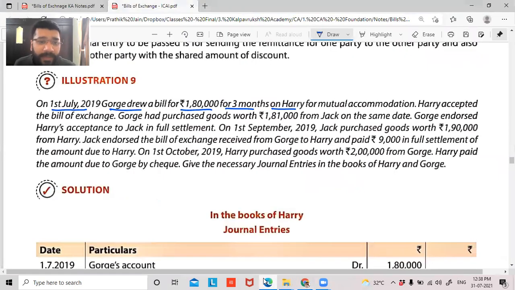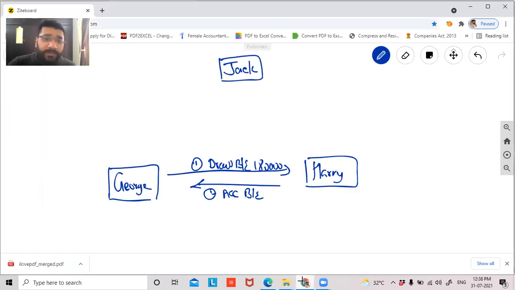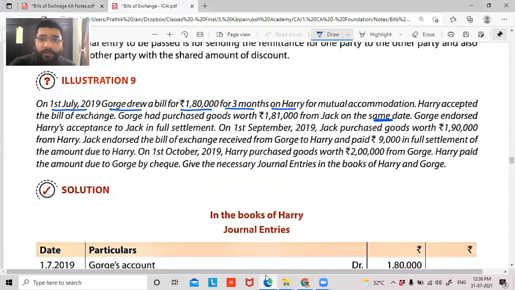Then what is happening? George has purchased goods worth 181 from Jack on the same date. So the third entry is for purchase of goods. And for that, George is endorsing Harry's acceptance to Jack. This is a case of endorsement.